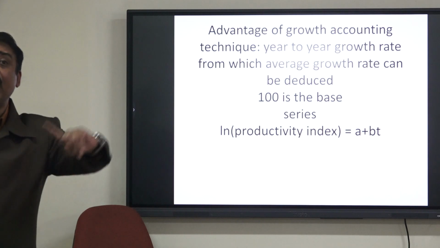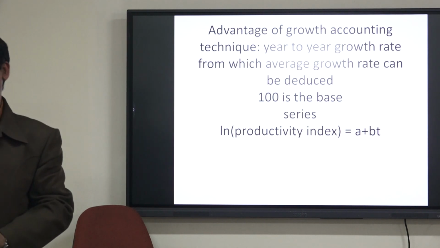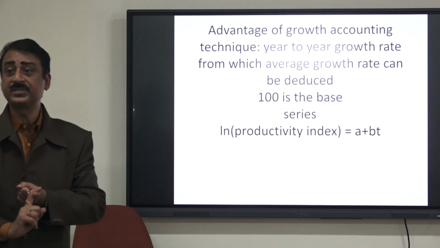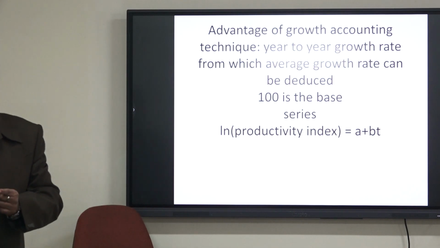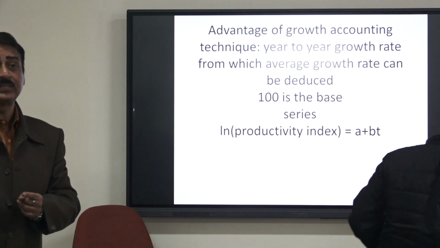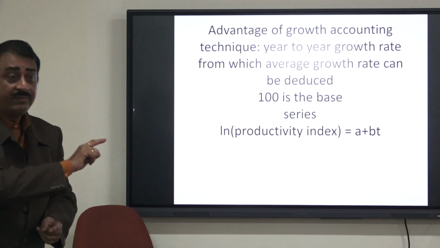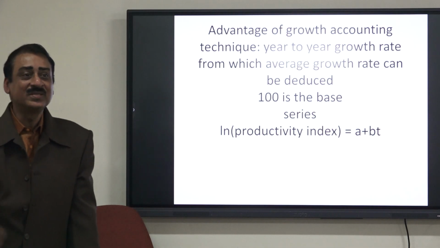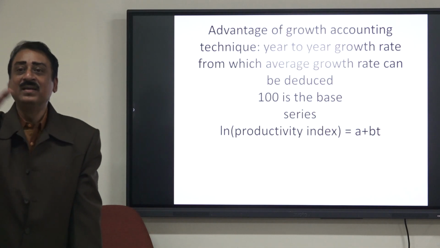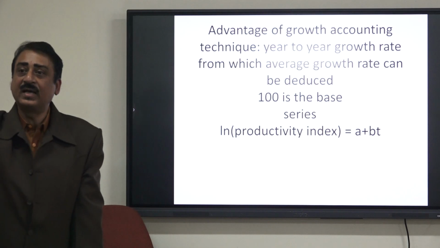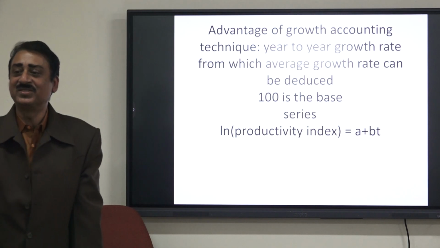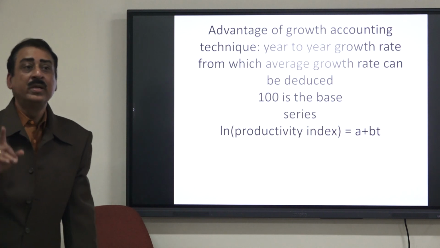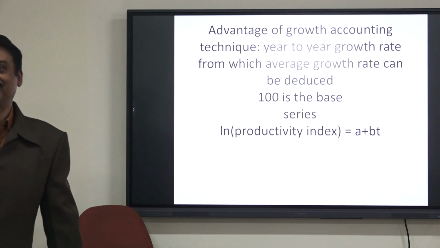And you cannot average the year-to-year growth rates. Suppose I say in the last year growth rate was 1%, then it was 1.1%, then it was 2%, then it was 3%. If you add them and take average, that is wrong. Because exponentially you will find that in such methodology only the last figure and the first figure will emerge. All in-between figures will be dropped out. So it is wrong to take any average of the growth rates.